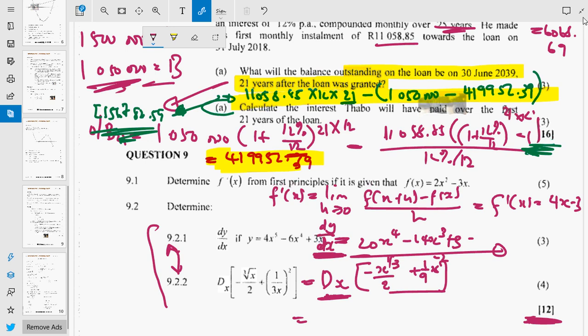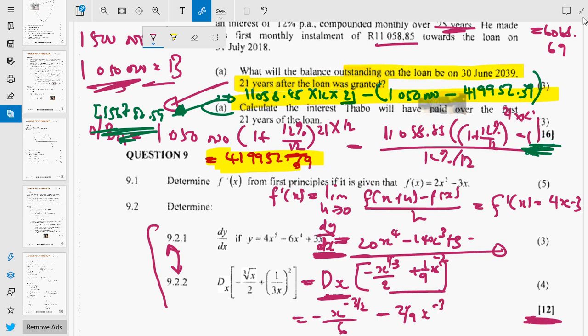So what are you going to have there? You're going to have x to the power minus 3 over 2 over 6 plus, what? Actually minus 2 over 9 x to the power minus 3.